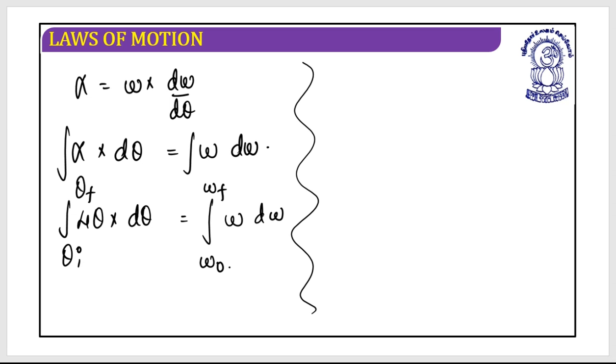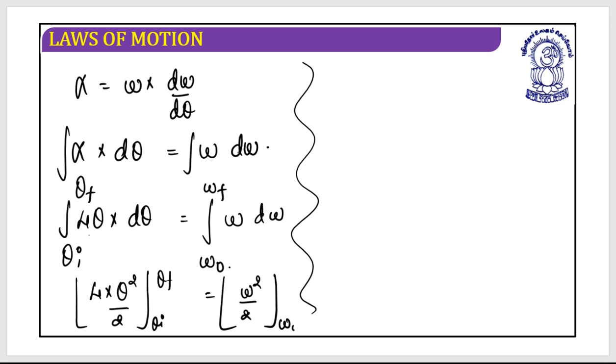So this is 4 into theta square divided by 2, from theta initial to theta final, equal to omega square by 2, from omega naught to omega final.